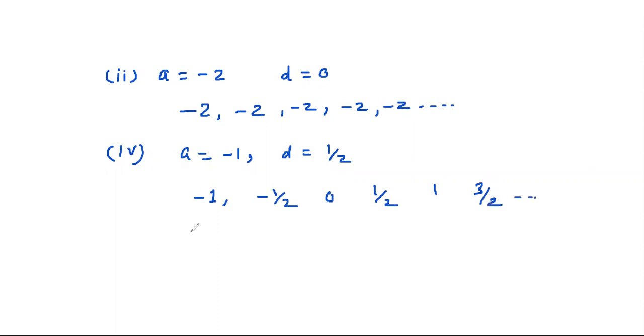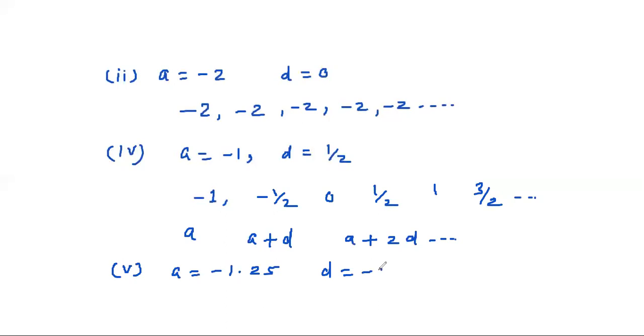Here we have used the concept A, then A plus D, then A plus 2D, etc. Okay, let's go to the fifth part. In the fifth part, A equal to -1.25 and D equal to -0.25. So we can write the AP. The first term will be -1.25.